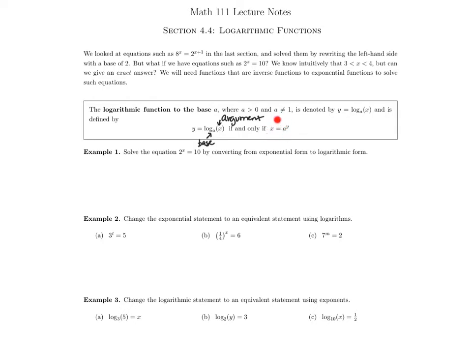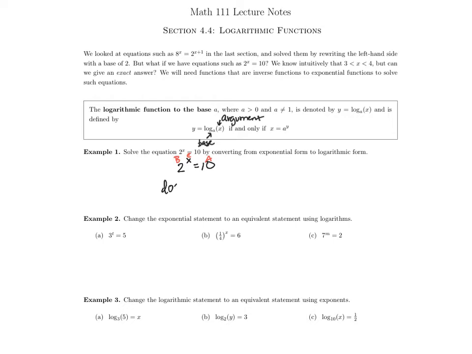The way that I help to think of this rearrangement is I think of bacon and eggs. So if we take a look at our first example, we have 2 to the x is equal to 10. Right now we have our base, our exponent, and our answer, but I want to rearrange that so it's bacon and eggs, B-A-E.